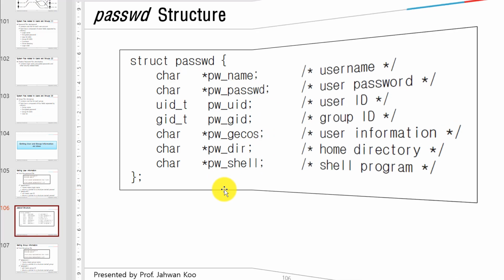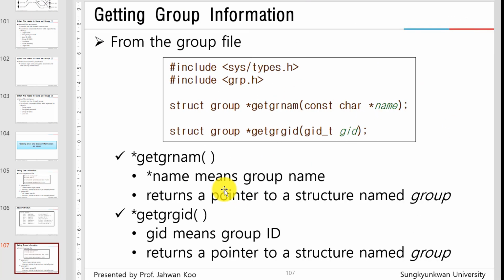Next one is getgrnam and getgrgid functions that can get information about groups from the group system file. Let's see the getgrnam library function. This function has just one argument, named name, and returns a pointer to a structure named group.